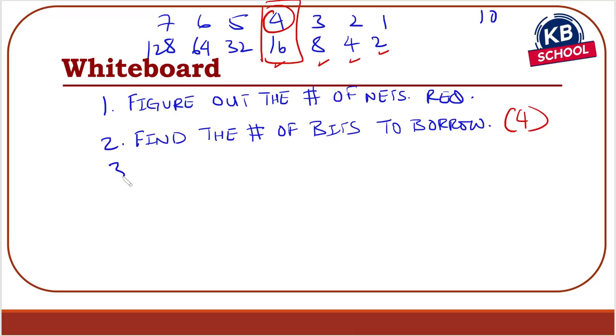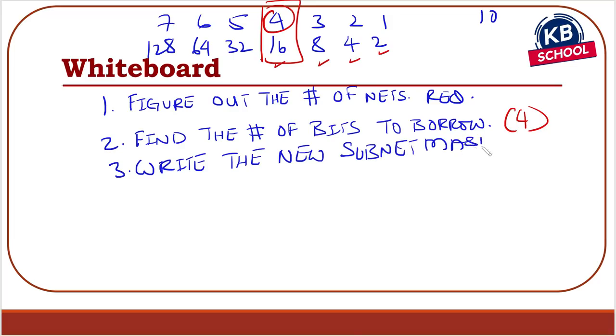My third step, write the new subnet mask. Now there are 2 different ways, I'll show you both. I borrowed 4 bits in this particular example. So it started as /24 plus 4 becomes /28.